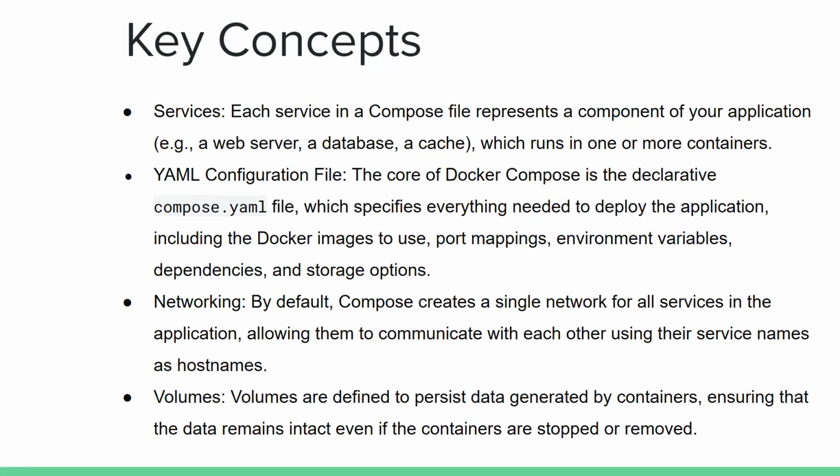I will also introduce you to environment variables. We use -e for that, and also the dependencies and the storage options. So the YAML file will consist of all these things: the images, the port mappings, the environment variables, the dependencies, and the storage configurations as well.